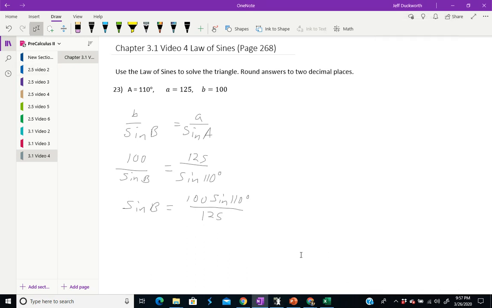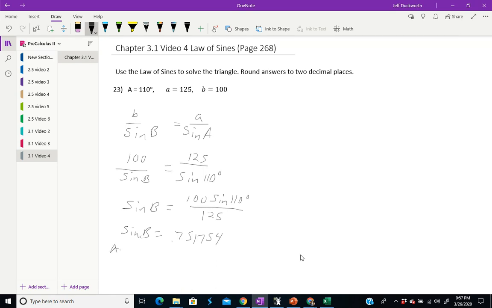So we have sine of B equals 0.751754. Now, in order to solve for B, we're going to essentially take the arcsine of each side.